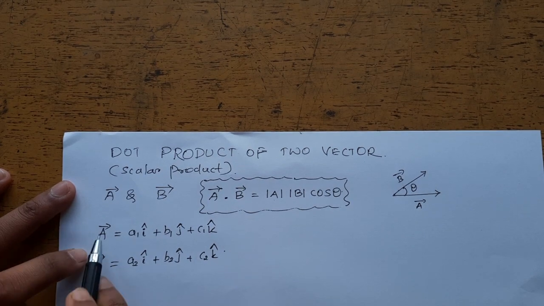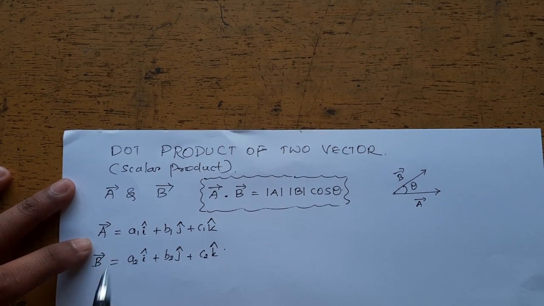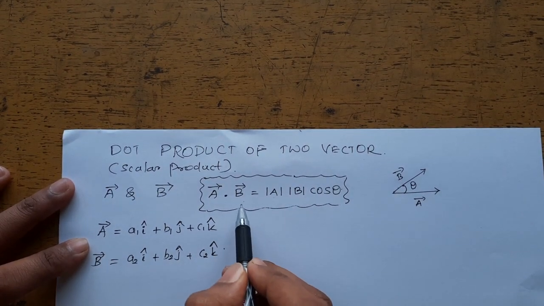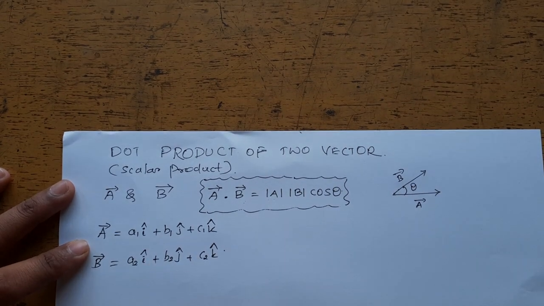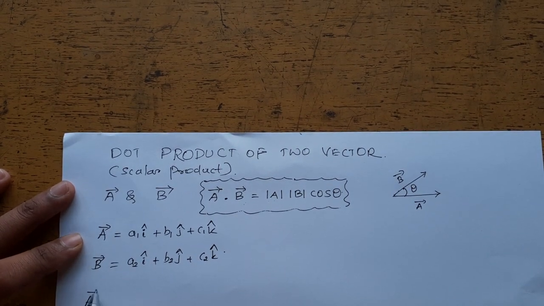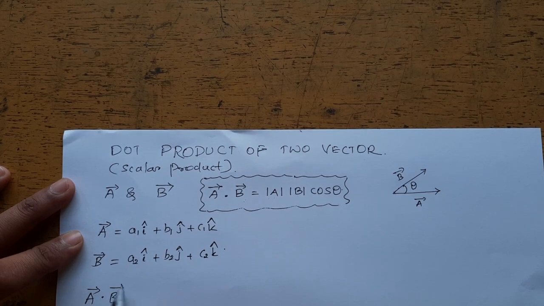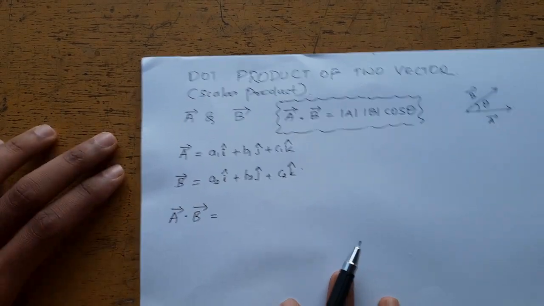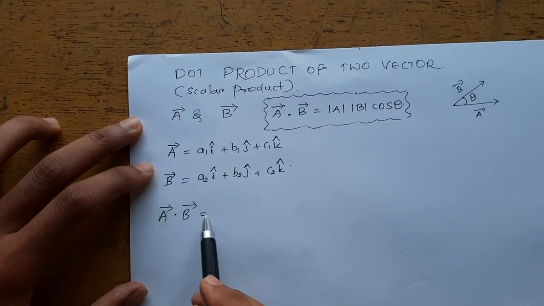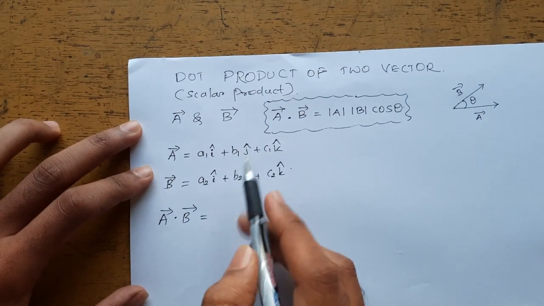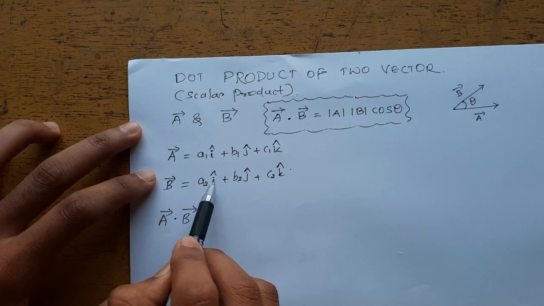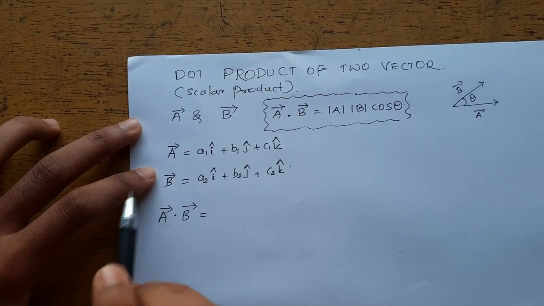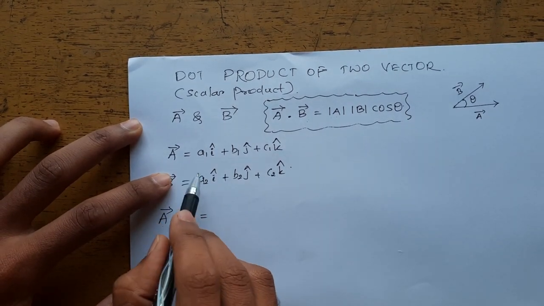Now if we want to do multiplication of these two with the help of the dot product formula A dot B, then we can write vector A dot vector B is equal to, see here, i dot i is 1, and A1 and A2.